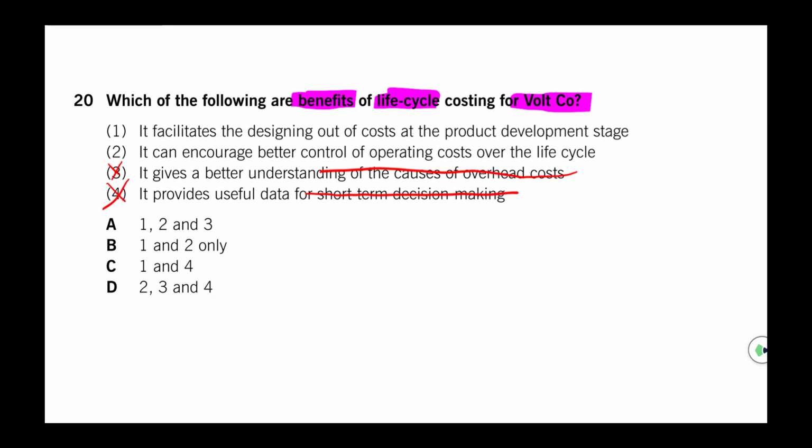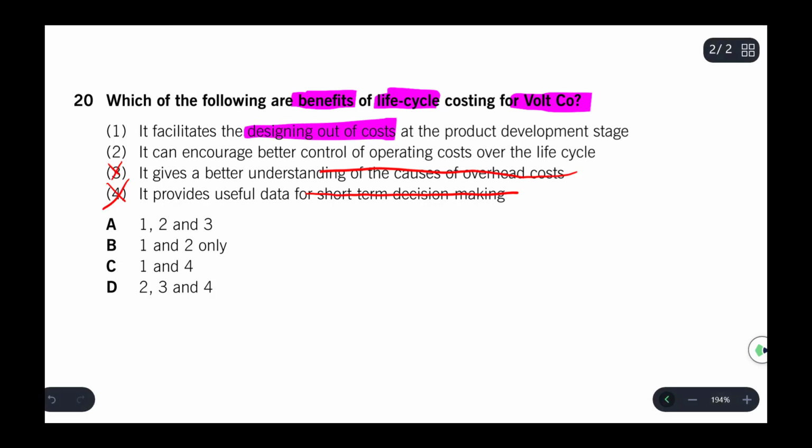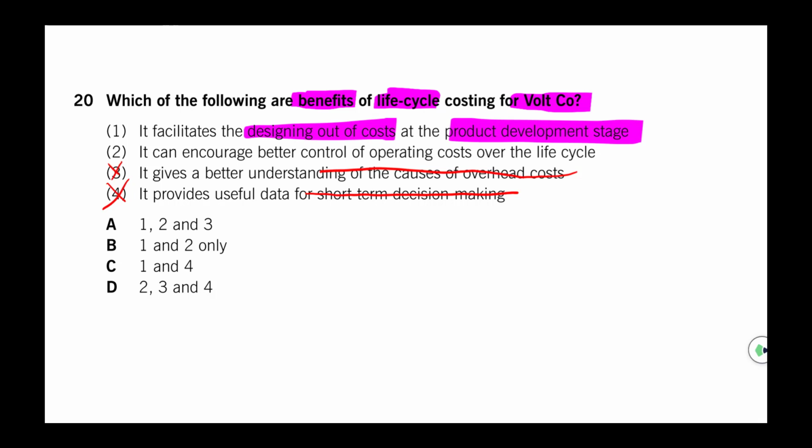Now, I'm looking at statement 1, it facilitates the designing out of costs at the development stage of the life cycle. That is a benefit of life cycle costing for Volt. If we design out the costs earlier, that's cheaper than changing our approach after we are in production.